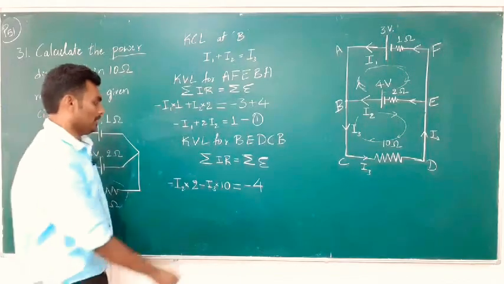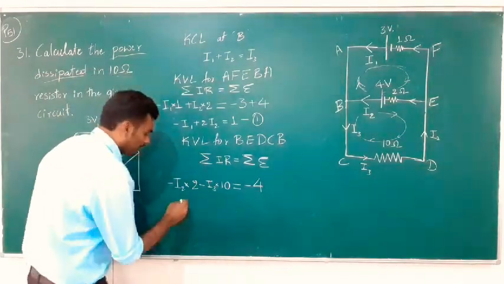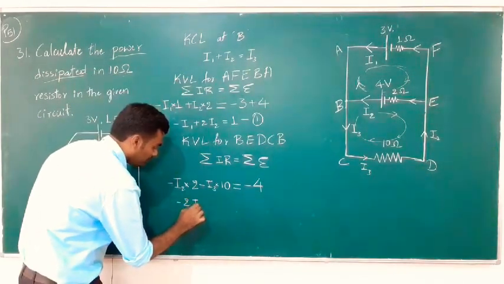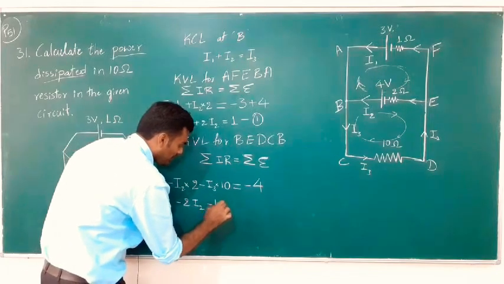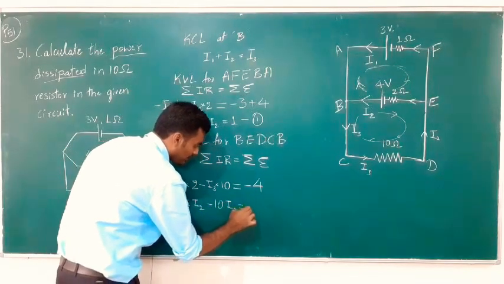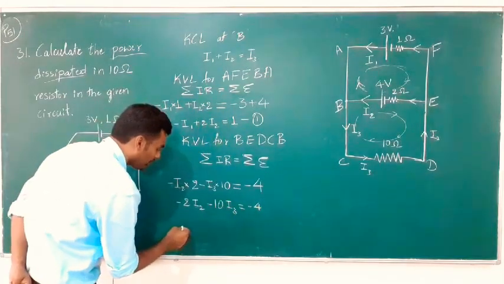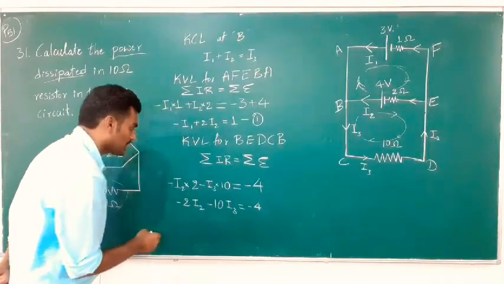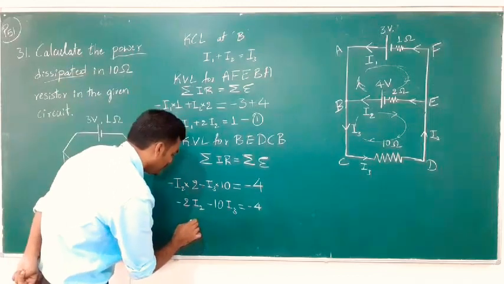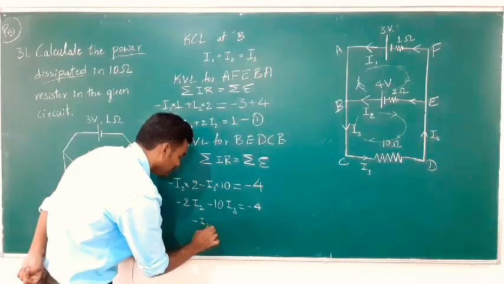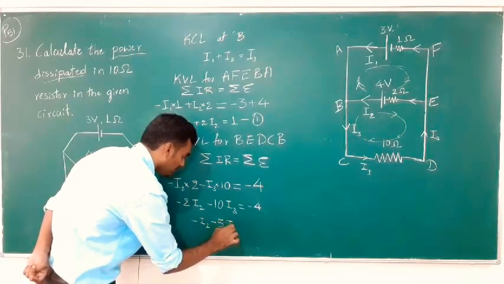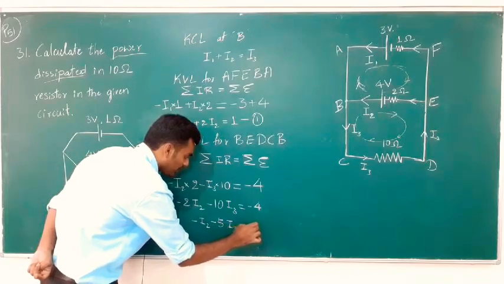Fine. So now it is minus 2 I2 minus 10 I3 is equal to minus 4. I can take 2 as common factor and simplify so that I get minus I2 minus 5 I3 is equal to minus 2.